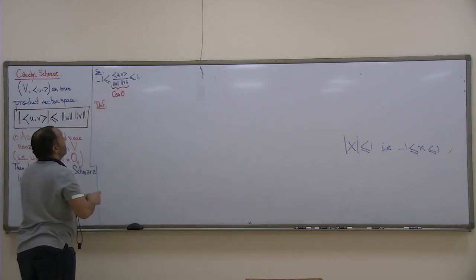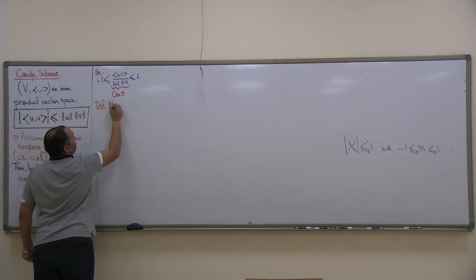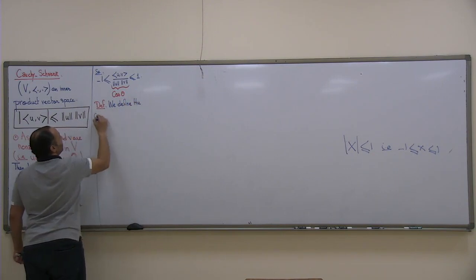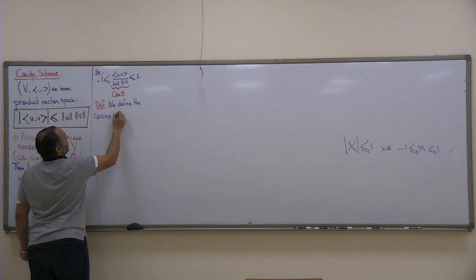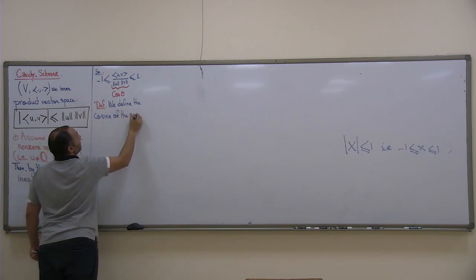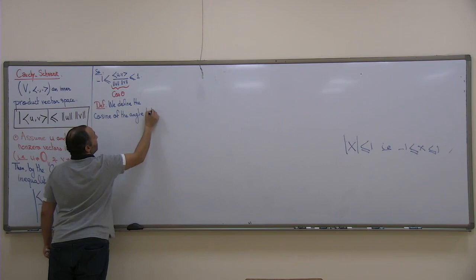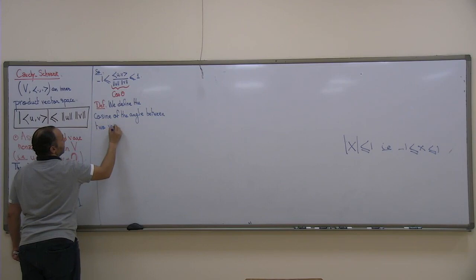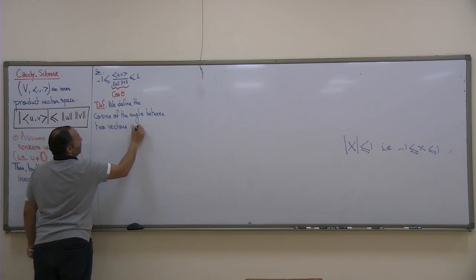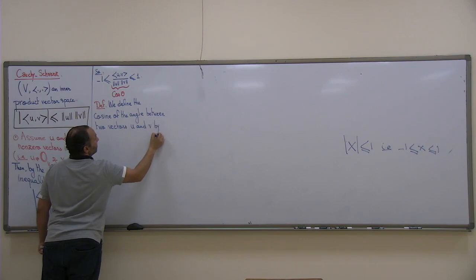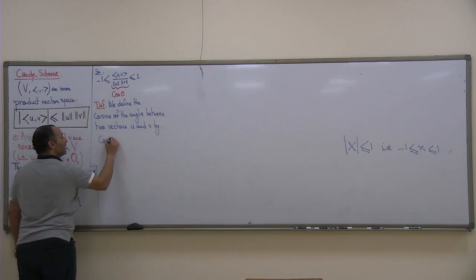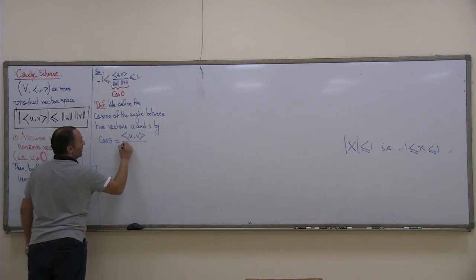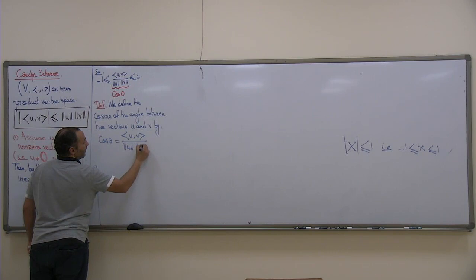We define the cosine of the angle between two vectors u and v by cosine theta is the inner product of u and v divided by the norm of u times the norm of v.